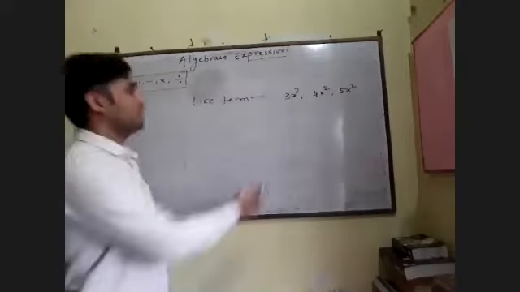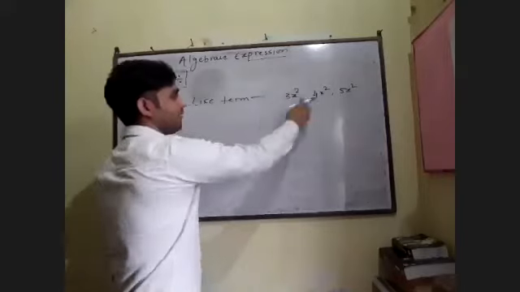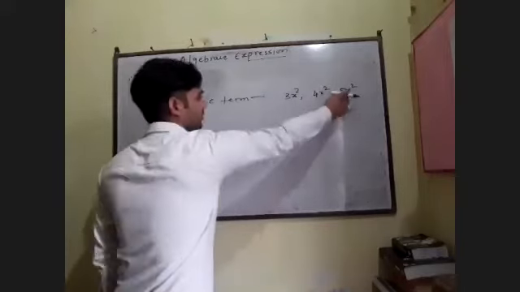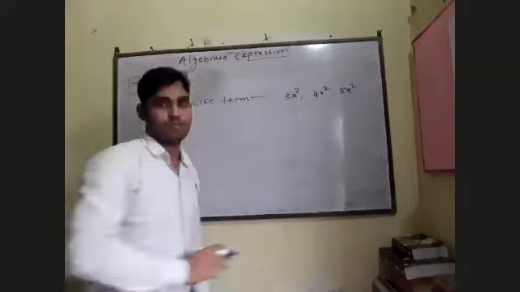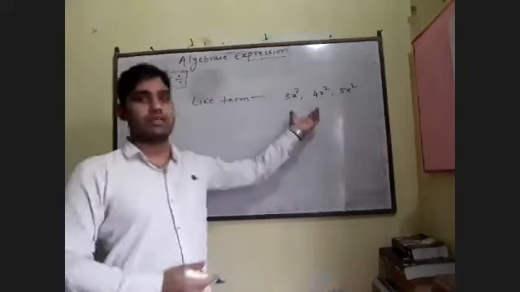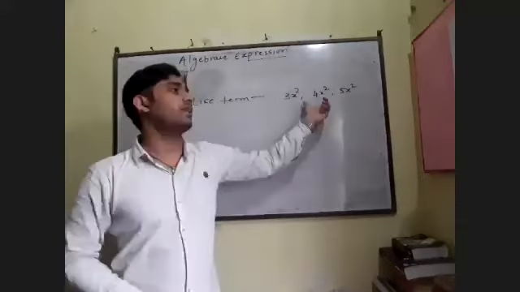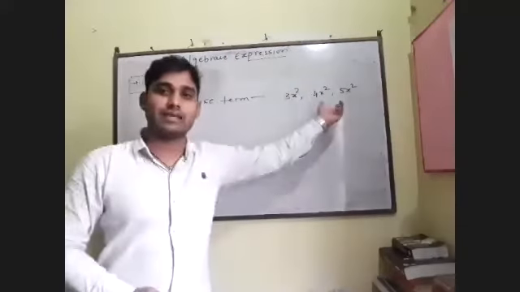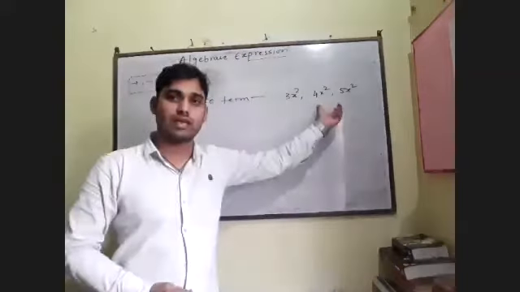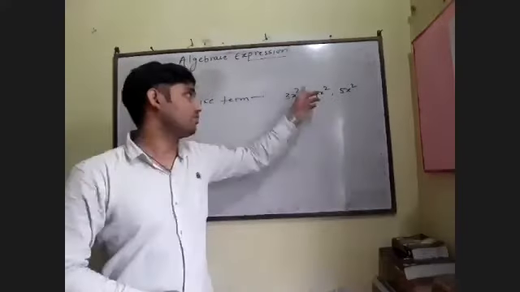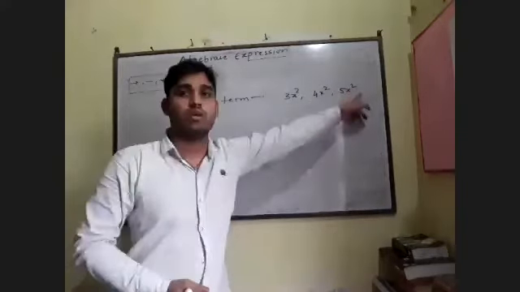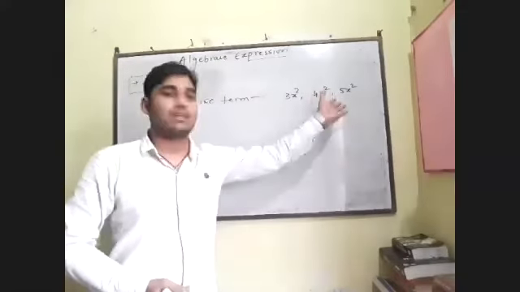We can see the coefficient of x square is 3, 4, and 5. But when we see the power, the power of all the expressions is the same. See, here the power is 2, 2, 2. So we can recognize like terms.